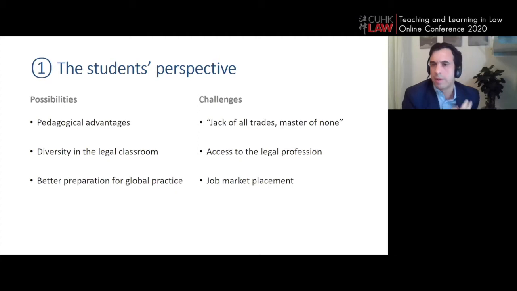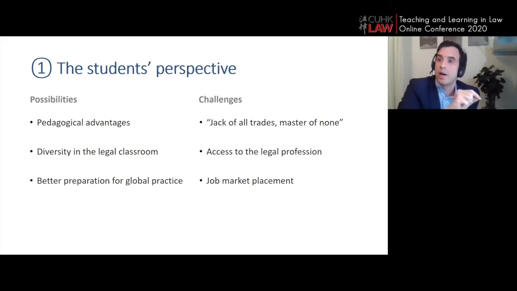Of course there's a certain trade-off at play here, right? There is always this trade-off in legal teaching and in teaching in general. It's at the end of the day the trade-off between breadth and depth. So I think that's a problem we should all be aware of.